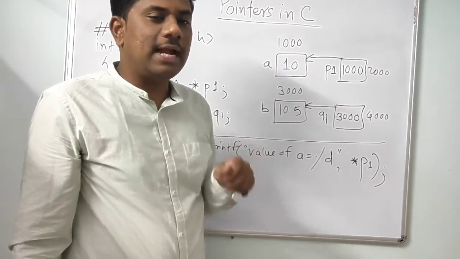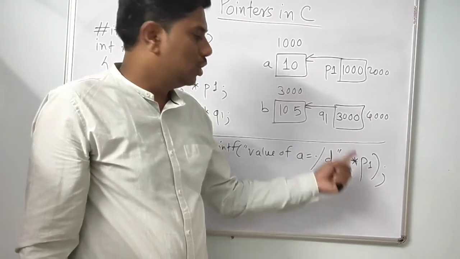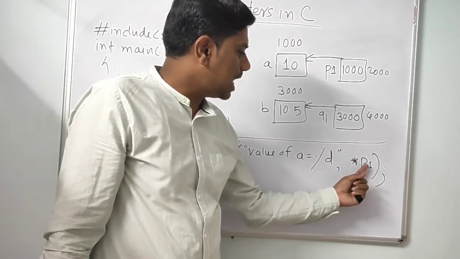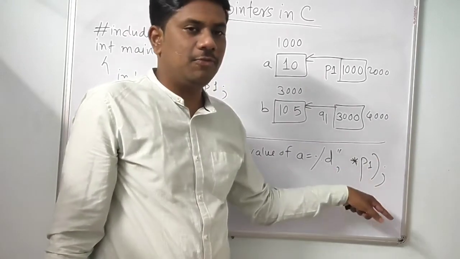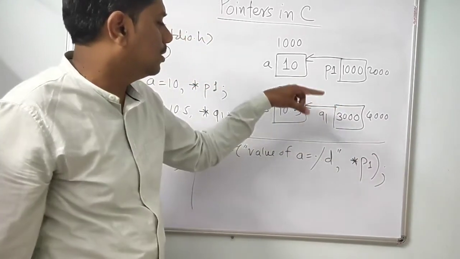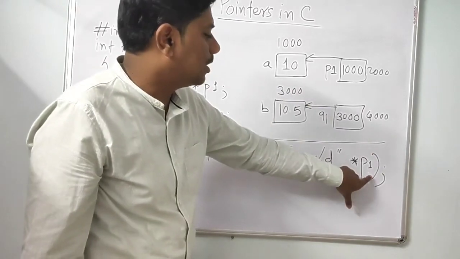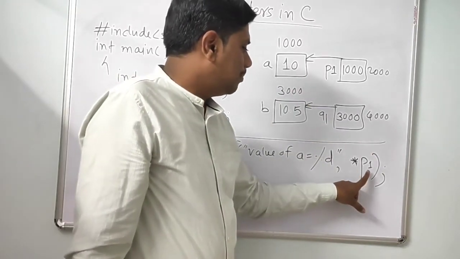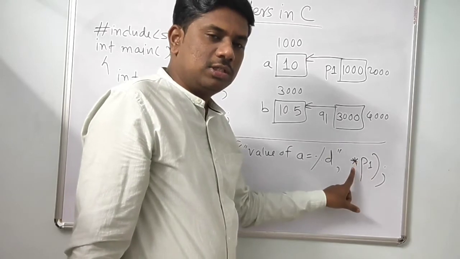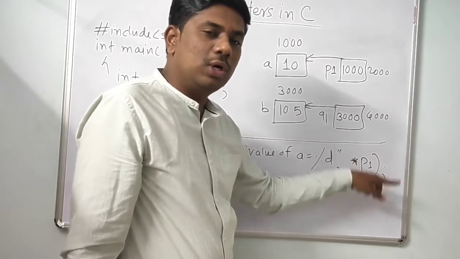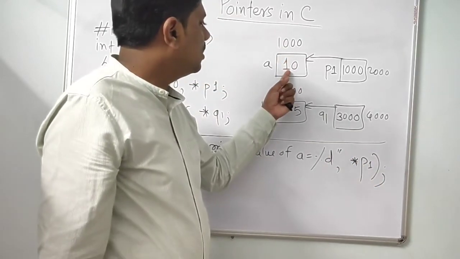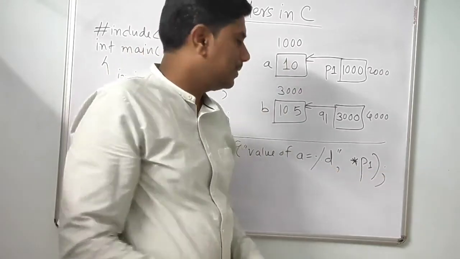I'm not interested in the address, I'm interested in this value. So star p1, star 1000, value at 1000. What is the value at 1000? 10. So this will print 10.